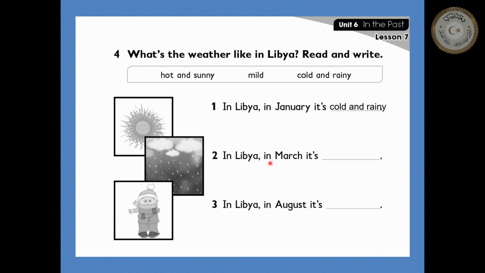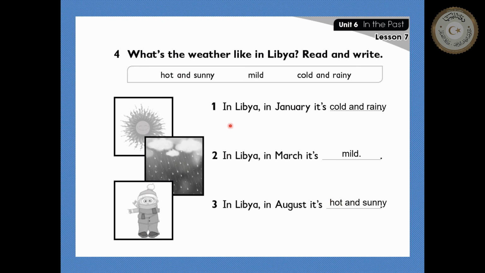In Libya in March, it is mild. Mild, معتدل. It's okay, mild. In Libya in August, it is hot, not cold. Hot and sunny, ساخن ومشمس.